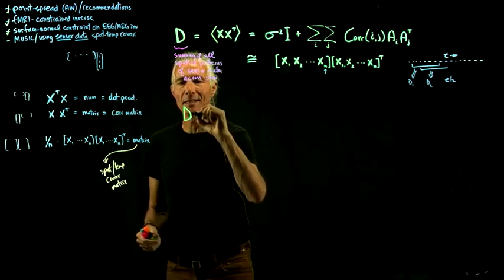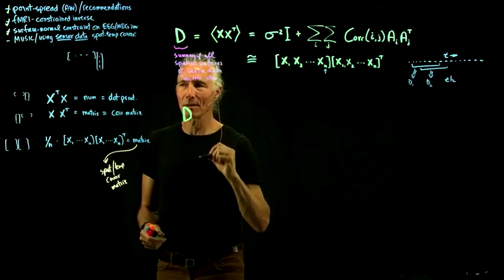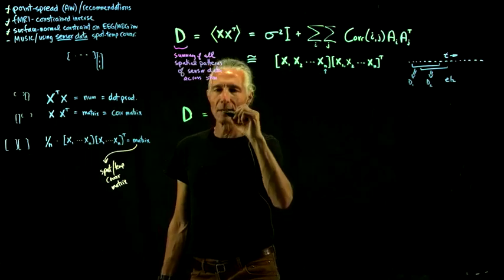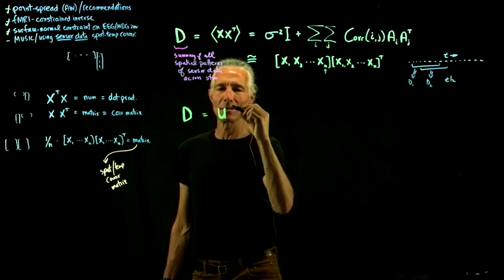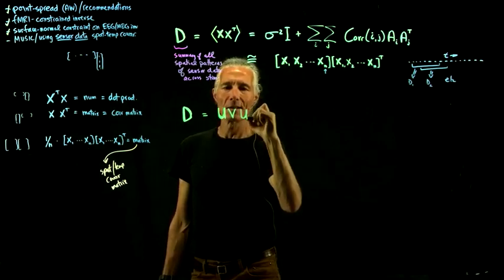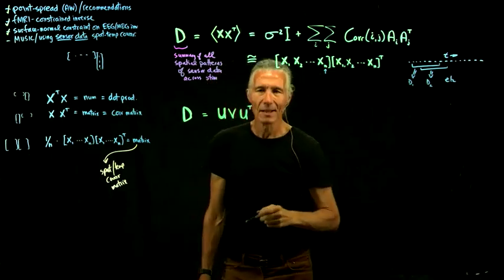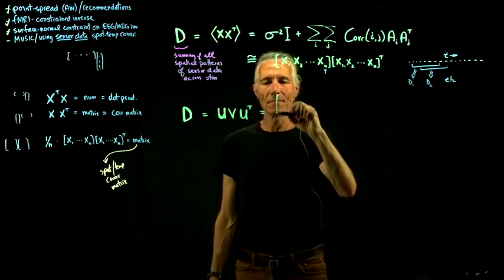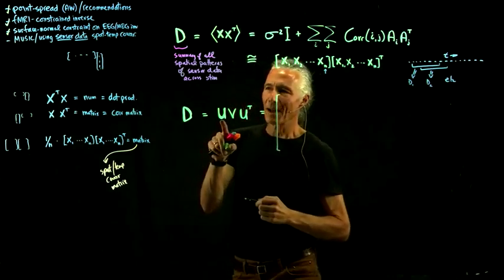And so what does that look like? We take this D matrix, which is a record of all the spatial patterns that have occurred during our stimulus, and we factor it into 3 matrices. If we draw those matrices out, they're basically a bunch of eigenvectors.